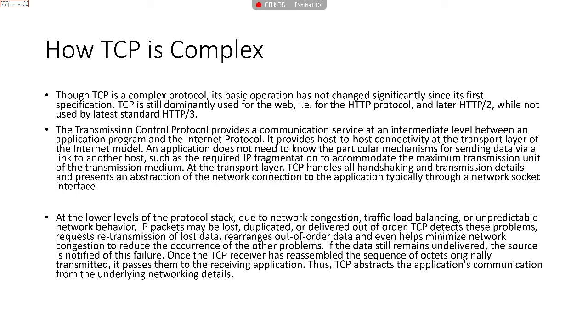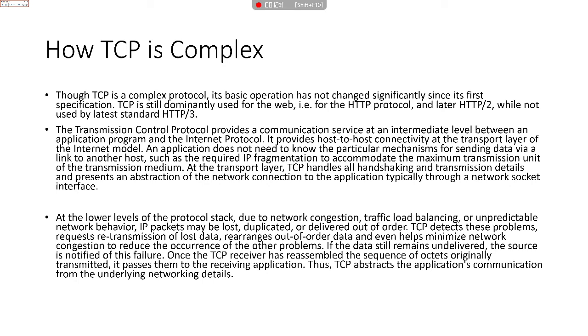Now let's continue. At a lower level, due to network congestion, traffic load balancing, or unpredictable network behavior, IP packets may be lost, duplicated, or delivered out of order. TCP detects these problems, requests retransmission of lost data, rearranges out-of-order data, and even helps minimize network congestion to reduce the occurrence of the problems.